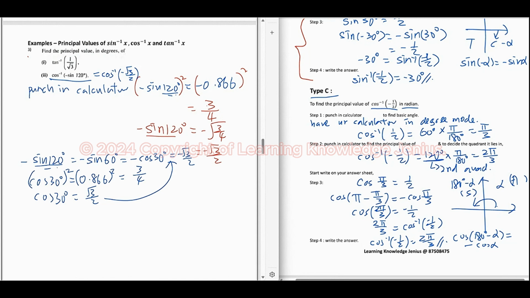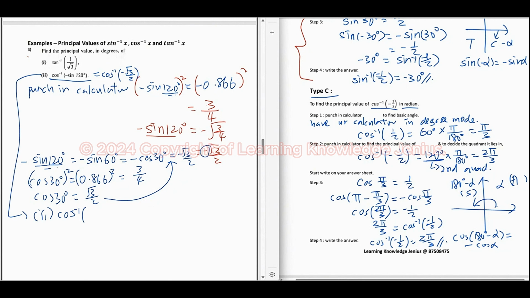After you get the value, you then put it into the question. So either way is workable. Just that for the first method, where you get it from the calculator, I worry about the sign, because you must decide sine 120 is positive first, and then because you are going to square it, you might forget to include the sign.